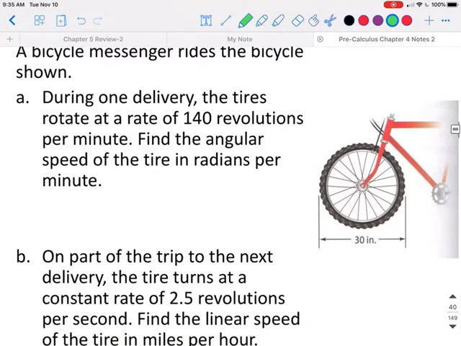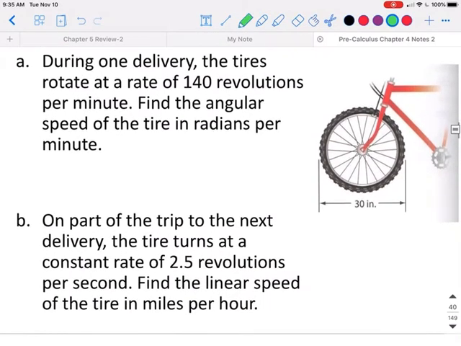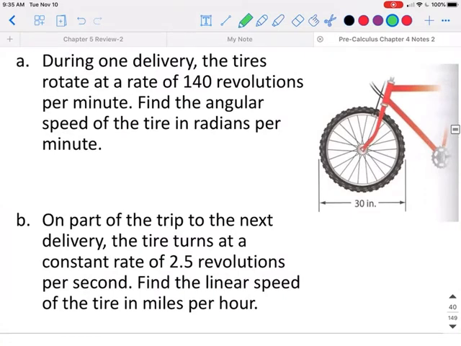A bicycle messenger rides the bicycle that is shown. During one delivery, the tire rotates at a rate of 140 revolutions per minute. This is the angular speed that we need to find. We know it's 140 revolutions every 1 minute, but we need to know how many radians that is. 1 revolution is equal to 2 pi.